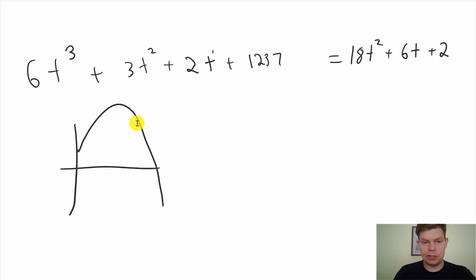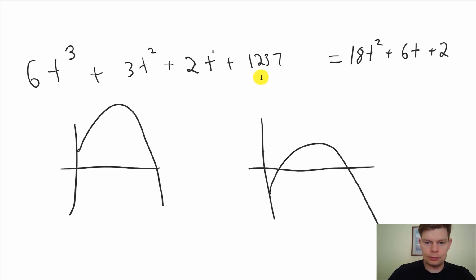So we know our slope's 0 here, we know our slope's there, but we don't know how much the graph is shifted up or down, which is determined by this guy. So this guy here would have exactly the same derivative, assuming I drew it the same, because it's just shifted up or down.